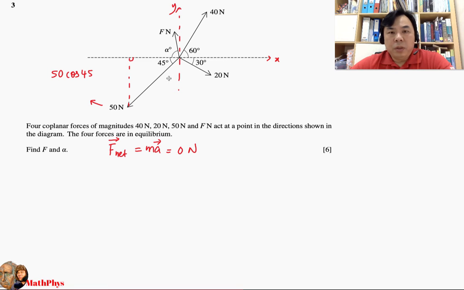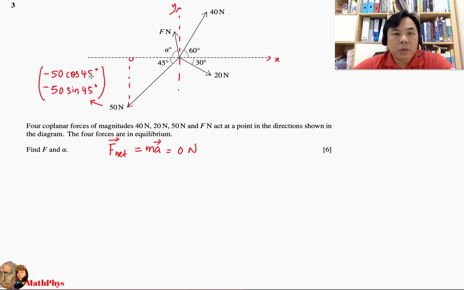Since 50 Newton is in the third quadrant, it must be negative. Right? So this direction must be negative. And then the y component for this force 50 Newton is written as, because it's in the third quadrant also, there will be a negative 50 sine 45. So overall, we can represent this force in its vector form like this.